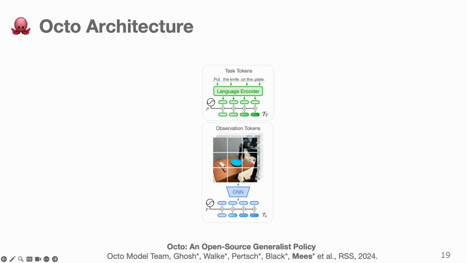So how does it work? Octo is a fairly straightforward transformer model. It has a pre-trained language encoder that tokenizes your language inputs. We used a T5 model here. And then it has an observation tokenizer that patchifies your image observations and runs them through a shallow CNN to produce your image tokens.